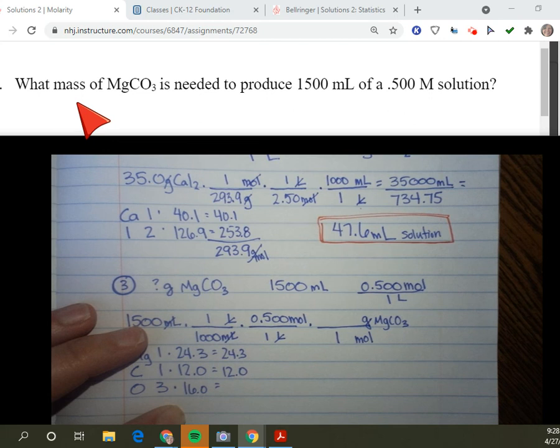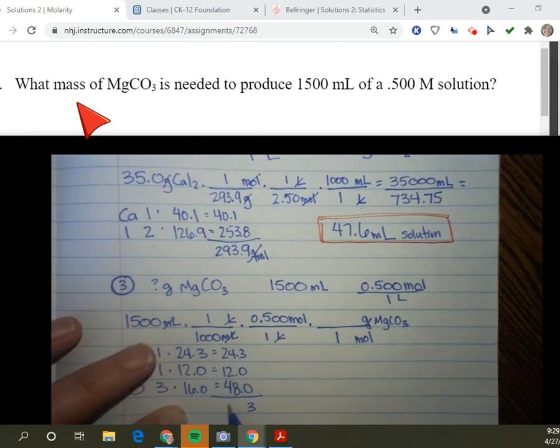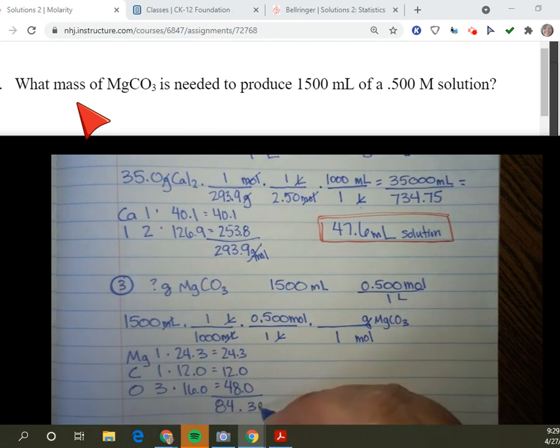So 3 times 16 is 48. So I'm going to add this up on the calculator just so we don't make a silly mistake. 84.3 grams per mole.